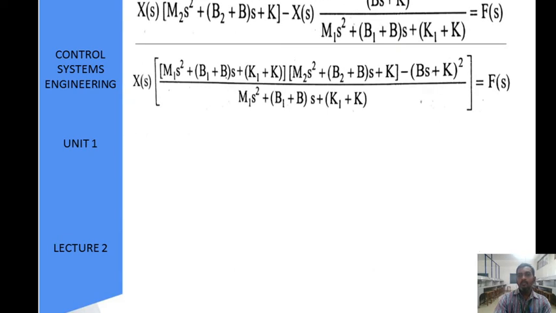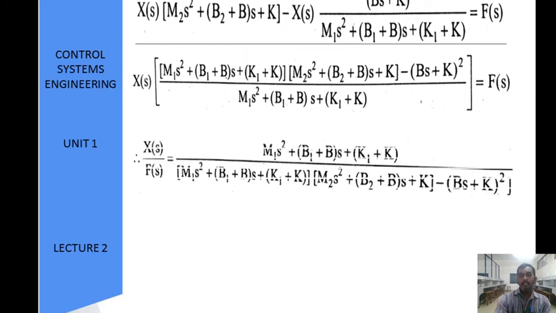So by substituting that, we have X of s into (m2 s square plus (b2 plus b) s plus k) minus X of s into (b s plus k) whole square by (m1 s square plus (b1 plus b) s plus k1 plus k) is equal to F of s. So by taking the LCM, we have this equation, and the final value will be the transfer function X of s by F of s.